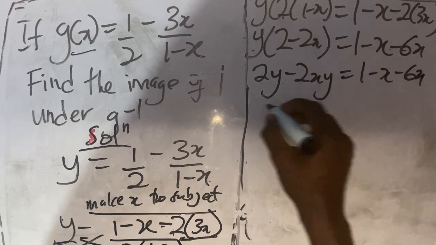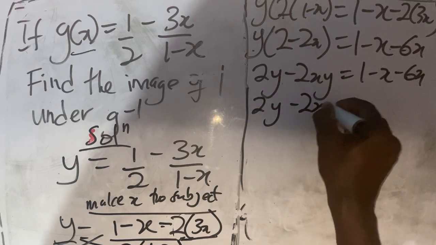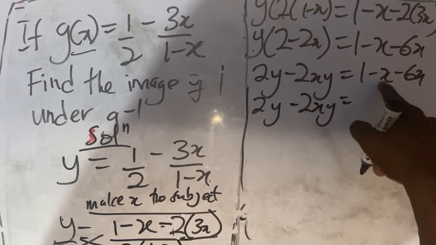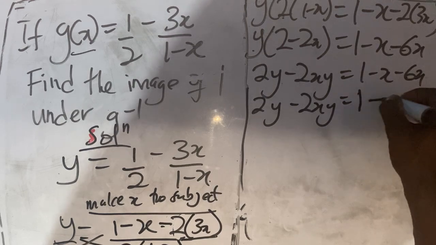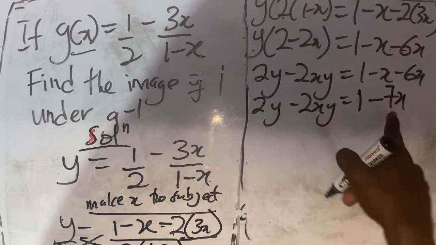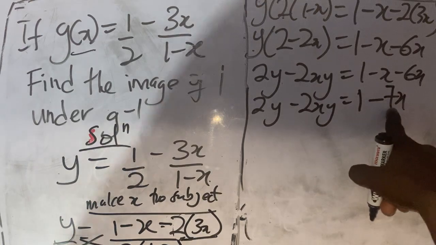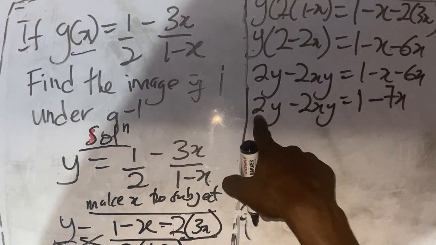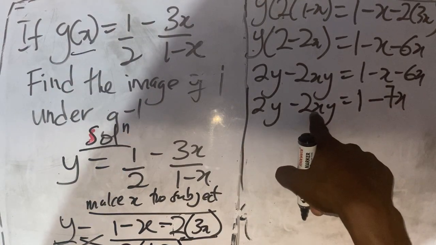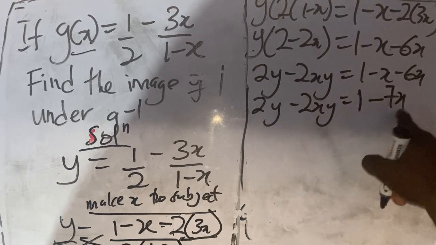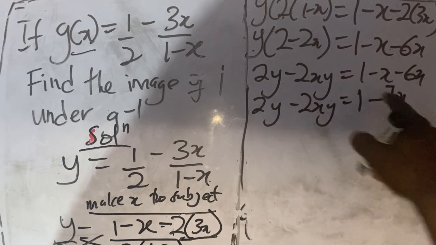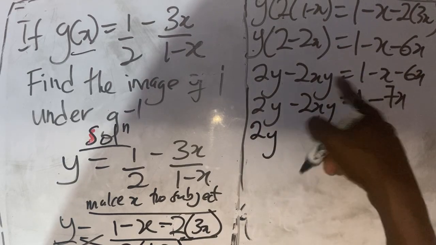So we have like terms. Let's quickly do that. Minus x and minus 6x gives minus 7x. Remember, we are making x the subject here, but since I have 2y and x here, another x here, I'll send this to this side. So I have 2y, and bring the 1 to this side.